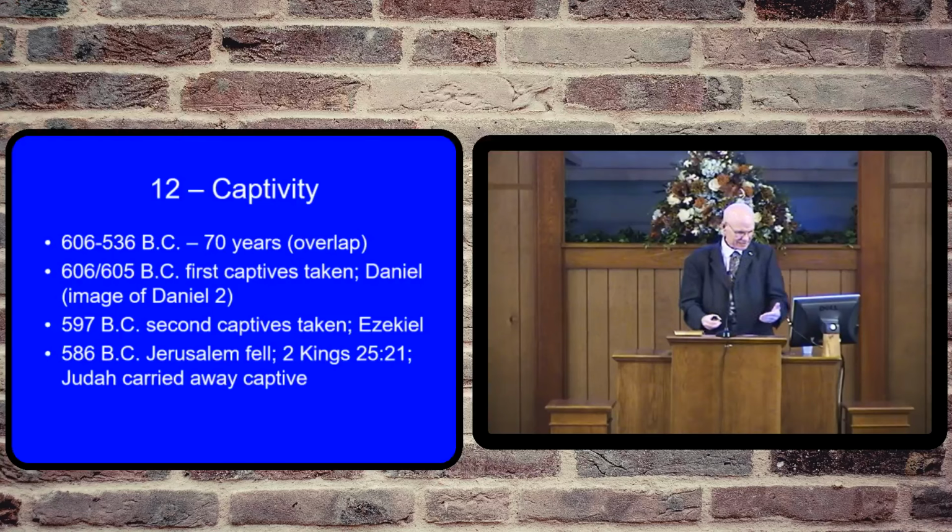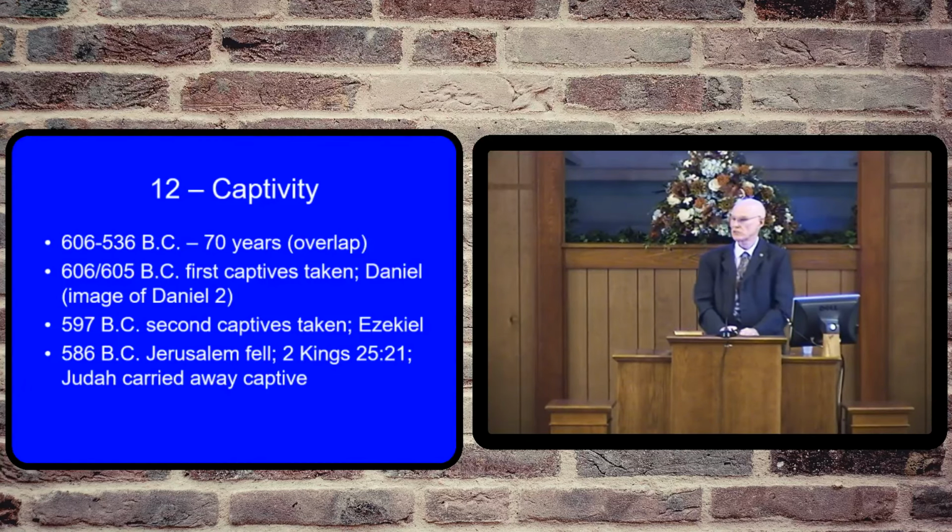And then in 586, the ultimate fall of the city of Jerusalem. 2 Kings 25:21: Then the king of Babylon struck them, put them to death at Riblah in the land of Hamath, and Judah was carried away captive from its land.